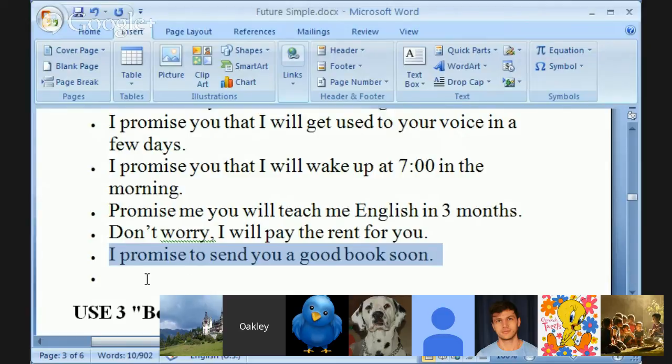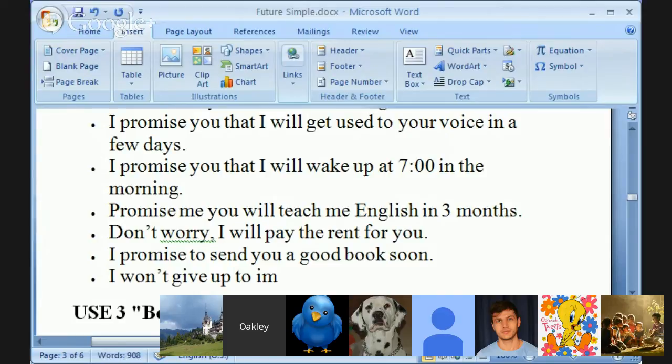Okay, Max. I won't give up to improve my English. And this is the same as to say I never give up to improve my English. Okay, hang on a minute. Well, I never give up.